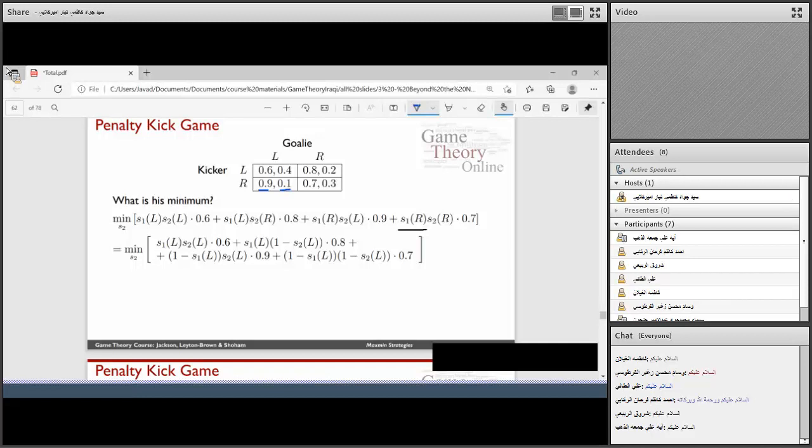Now, the goal was in min-max or in max-min. So, first of all, this is player 1, this is player 2.